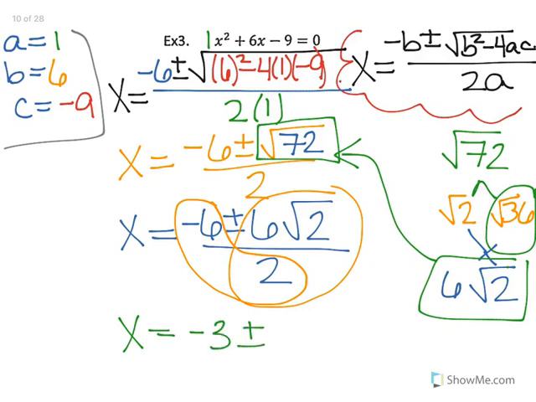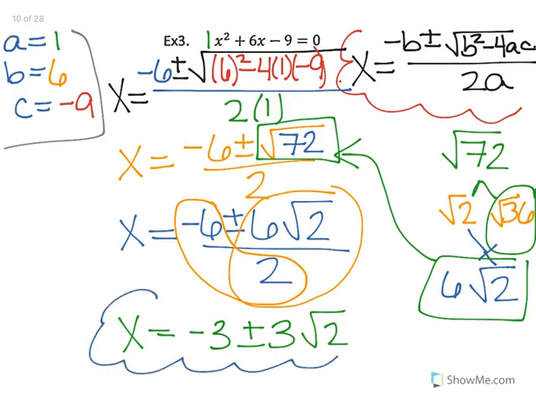Don't forget the plus or minus. Now, 6 radical 2 divided by 2. Only the numbers outside of the radical are allowed to divide with one another. So 6 divided by 2 is 3, and the radical 2 stays as is. So our final answer is x equals negative 3 plus or minus 3 radical 2. And that will conclude our notes for today.